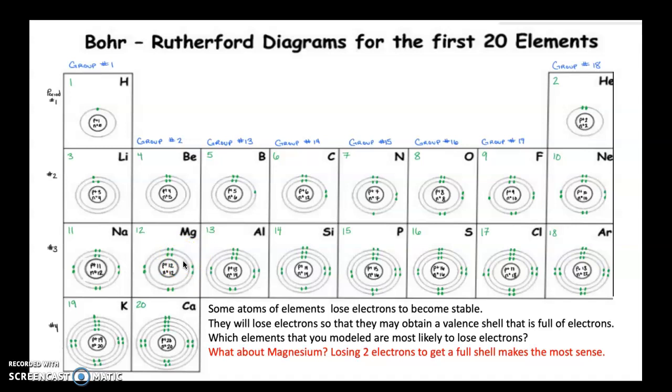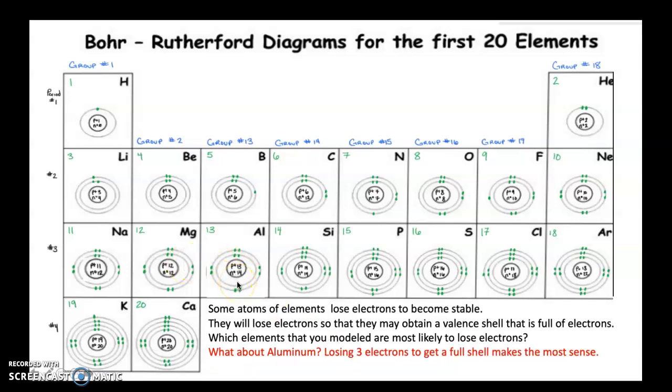Next example is going to be aluminum right here. It's got 3 valence electrons. So in red, we see right here that it can lose 3 or gain 5 to get a full shell. In your world of common sense, what makes more sense? Losing 3 or gaining 5 to get a full shell? Well, losing 3.